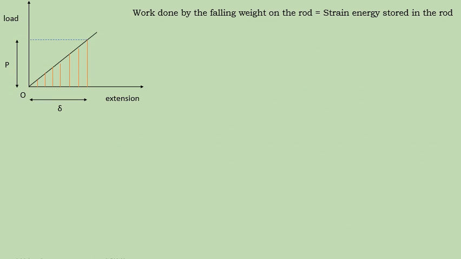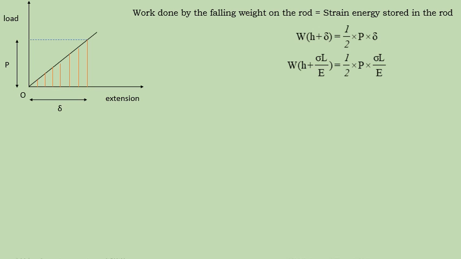So the work done by the falling weight on the rod becomes equal to the strain energy stored in the rod. Here the work done by the falling weight can be written as W into H plus delta. H is the height through which the weight is falling. Delta is the extension that takes place due to the falling of the object. Then the area is half into base into height.